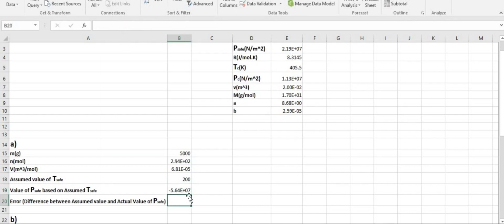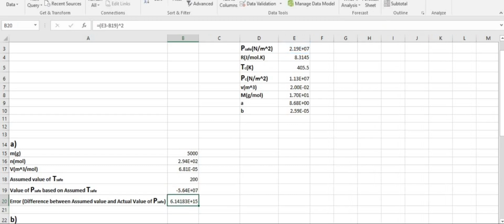Then the error will be equal to, we're going to square this because we could get a negative answer. The square of the difference between the value of P safe here and P safe here. So we square it.